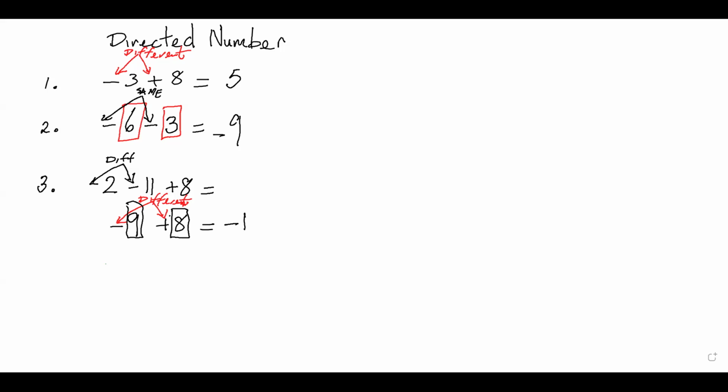All right, so let's look at the rule now for when we are multiplying. Let's say number 4: negative 2 times 7. Everybody put your answers in the chat.